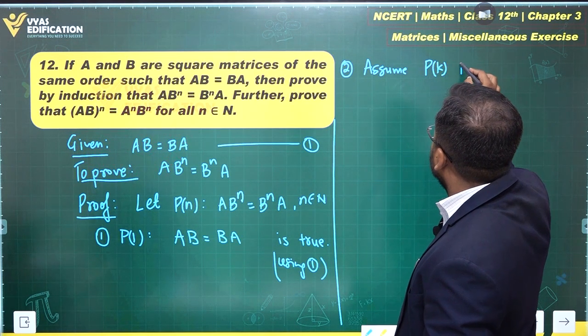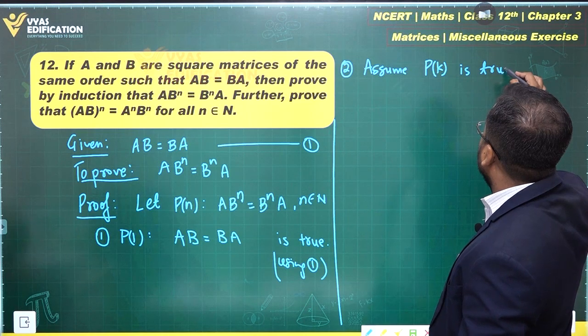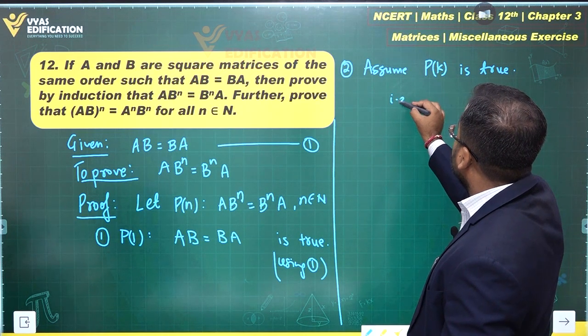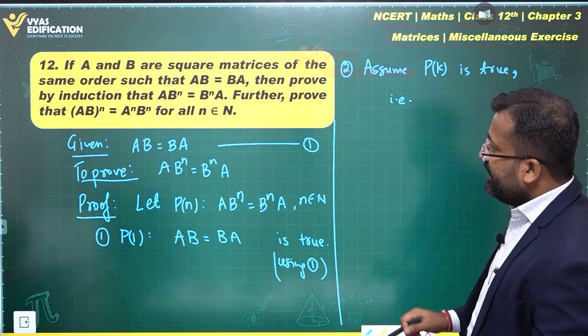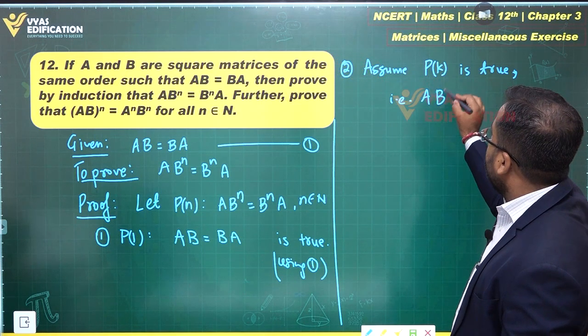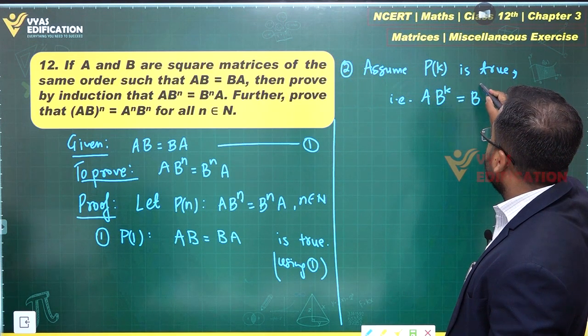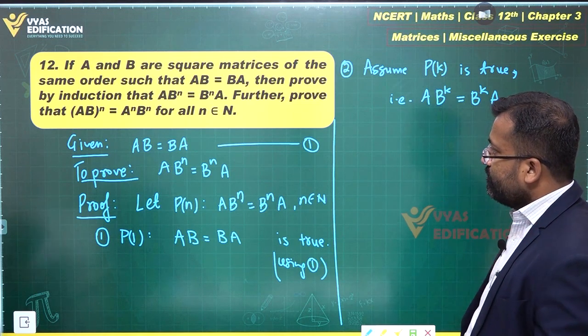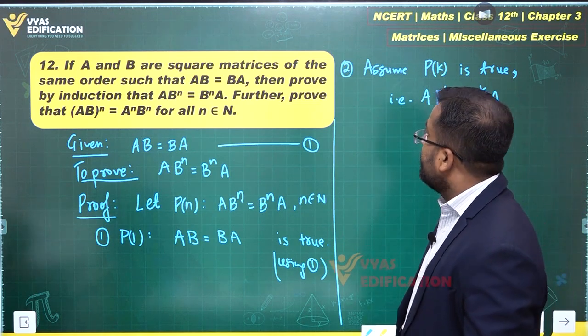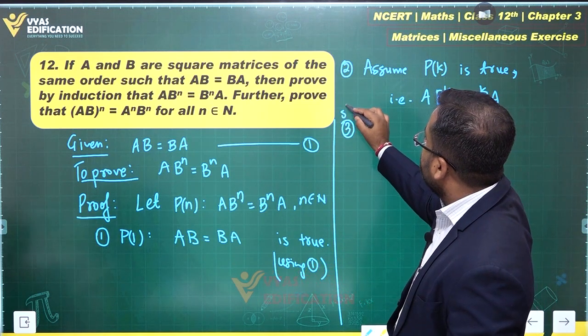Okay. Second step, assume Pk is true. That implies that (AB) power k is equal to A power k times B power k. That's what we have, right?